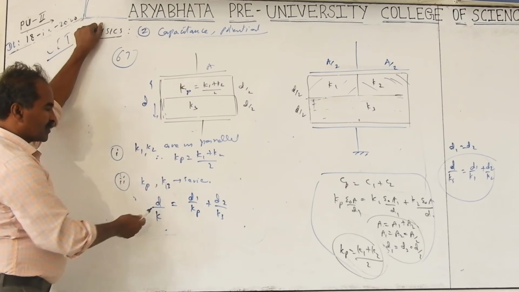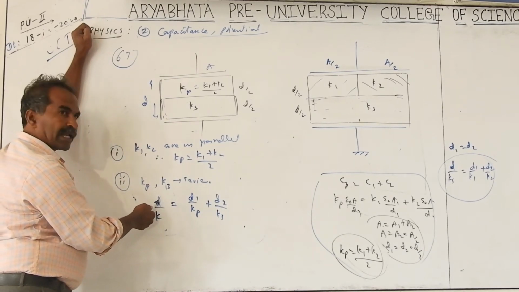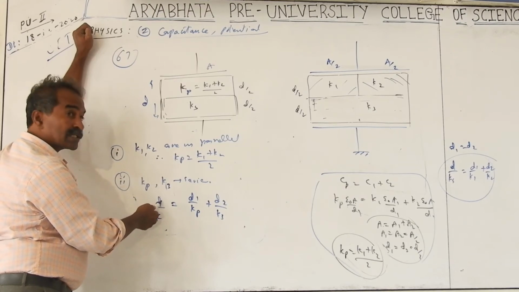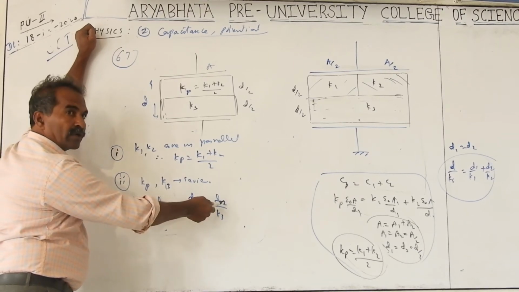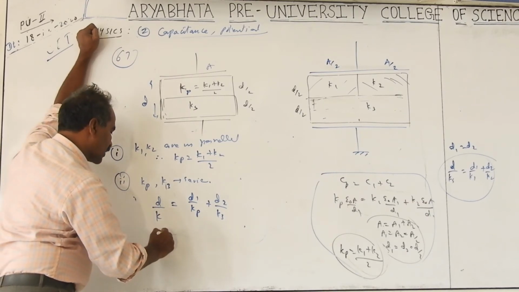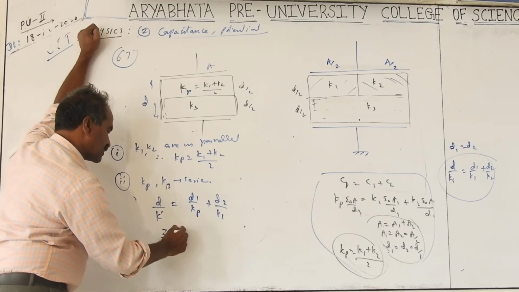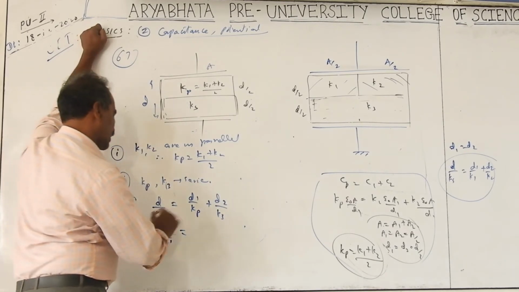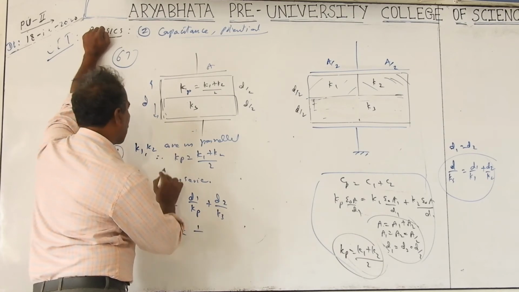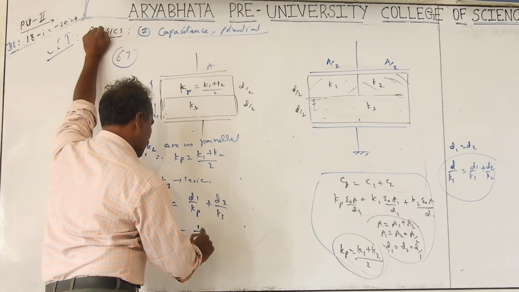D is nothing but D1 plus D2. So I will take D1 equal to D2. I take it as 2D1. This is also D2 equal to D1 only. This will be cancelled, so what it is, 2. I take it as 2 by K result. I take this as K prime. D cancels now. 1 by K parallel, K parallel is K1 plus K2 by 2.